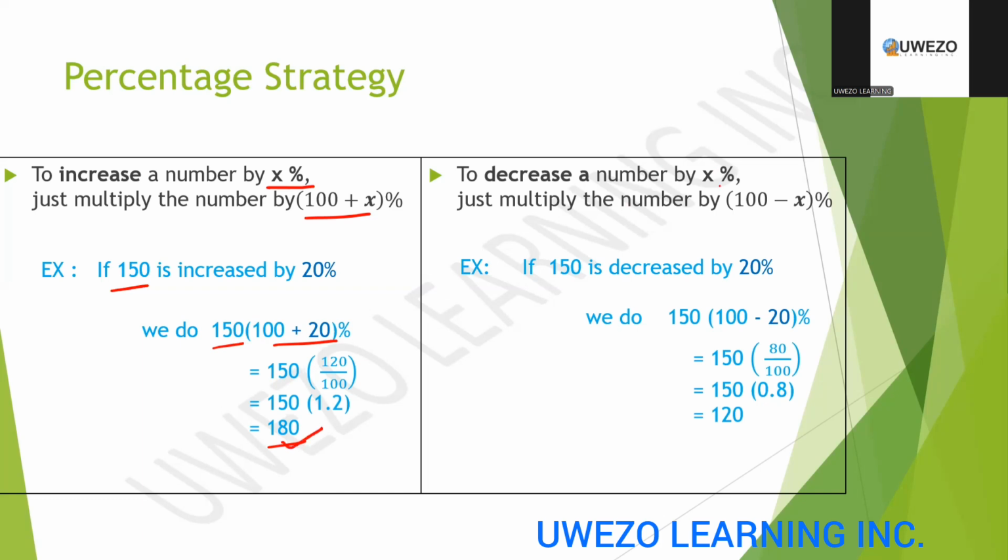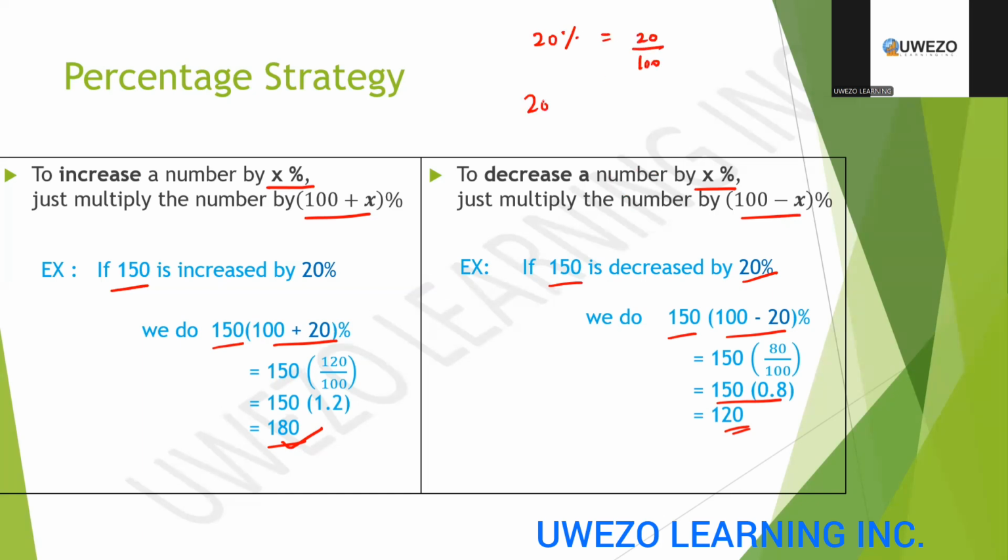Similarly, if a number is decreased by x percent, you subtract that percentage from 100 and then multiply with the initial value. Suppose 150 is decreased by 20%, so it is 150 times 80%, which would be 150 times 0.8 equals 120. So we know 20% is 20 over 100.